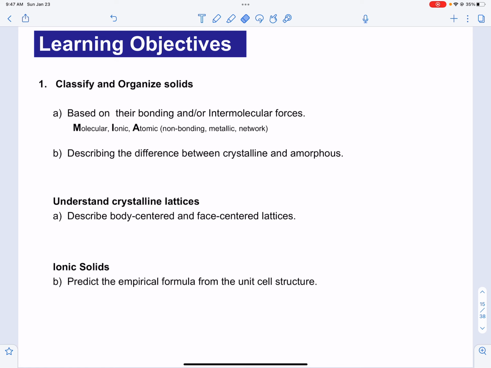And with that, now we're more familiar with molecular solids, ionic solids, and the atomics, where you can have non-bonding noble gases, metallic with metals, or if you happen to have an atom that can connect on a lot of places, most likely a network. You see that crystalline solids have very defined edges because they have a very organized structure, and the amorphous, they are all over the place.